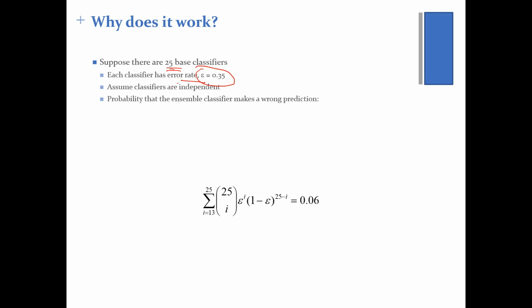If we assume that the classifiers are independent, the probability that the ensemble classifier will make a wrong prediction is given as this. You can see that from the error of 0.35, ensemble is able to take it down to as low as 0.06. So in reality, ensemble always guarantees that you're going to get better results than individual models.